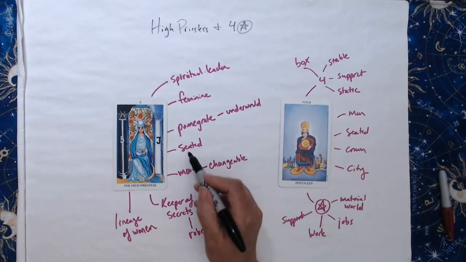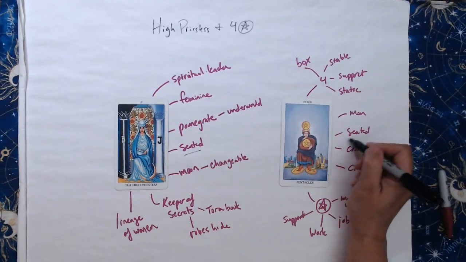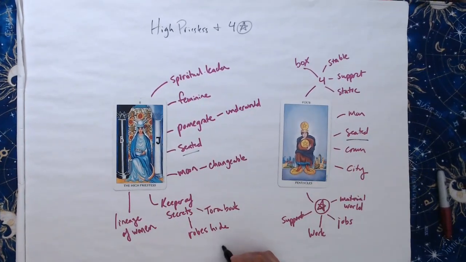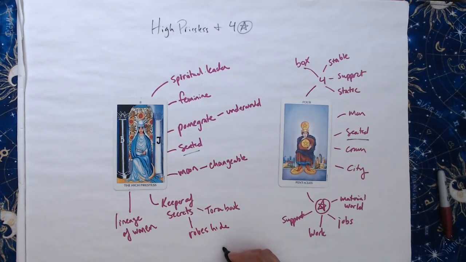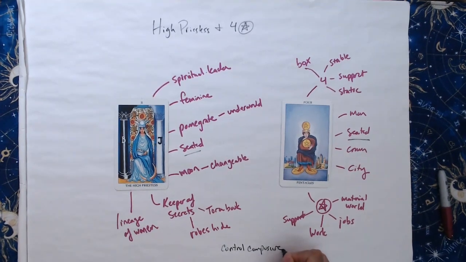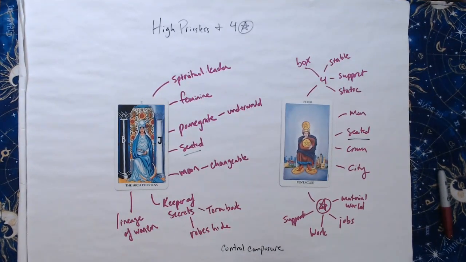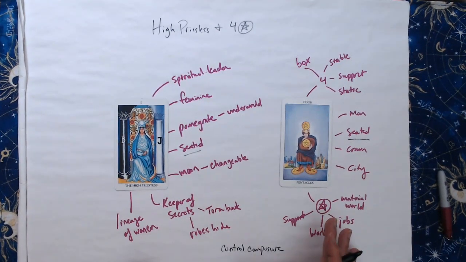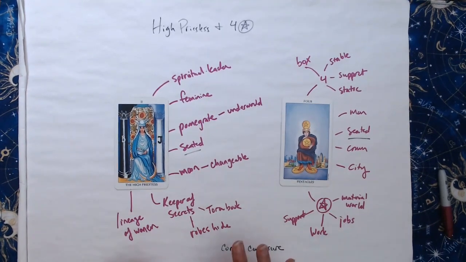So we notice here that they're both seated. So then we have the idea of, I would say, control or composure. What I'm looking for is things in common. There's not a lot in common between these two cards. Sometimes you'll have cards that have way more overlap.